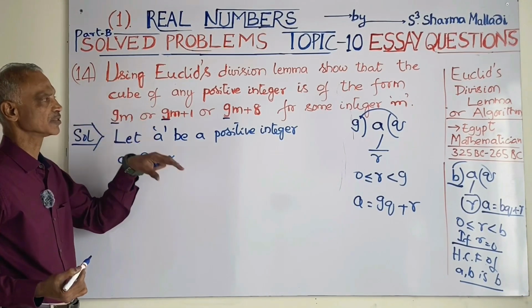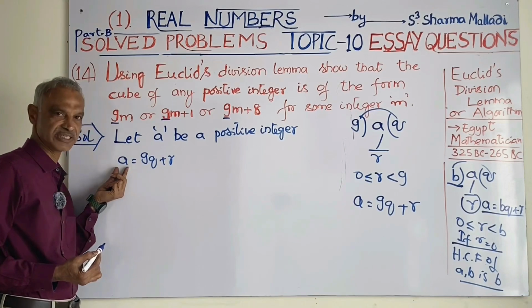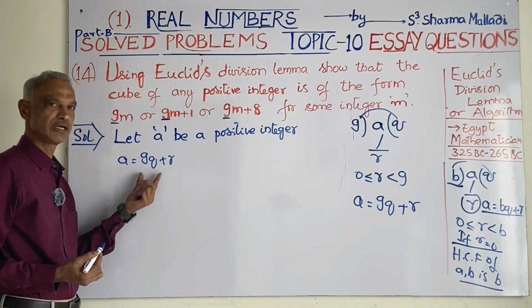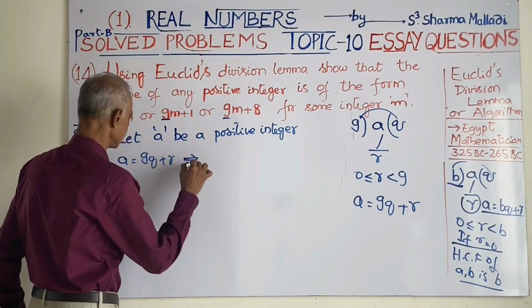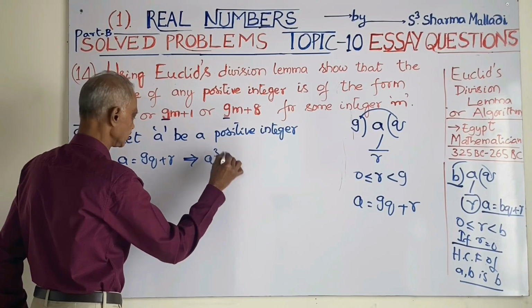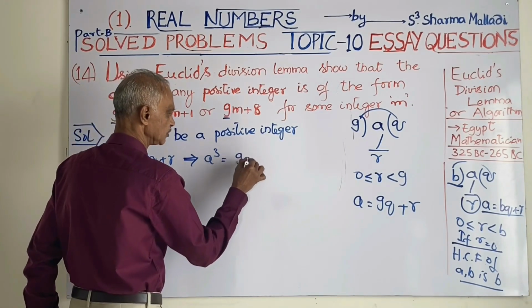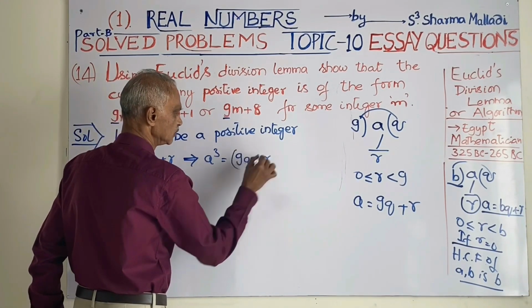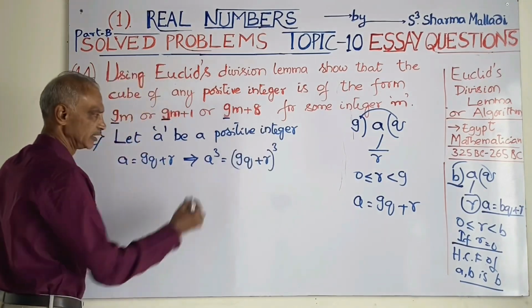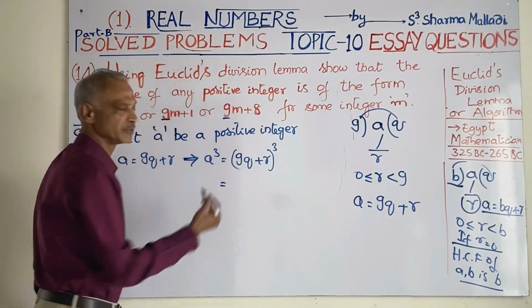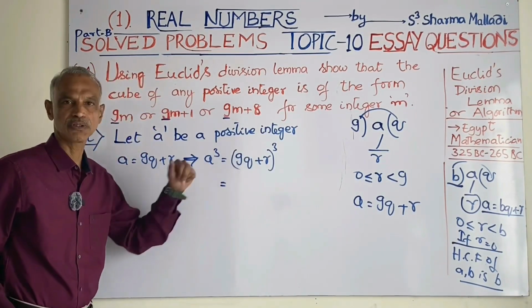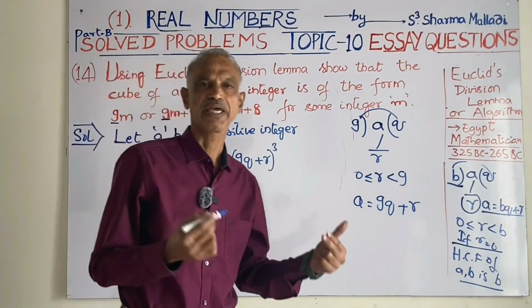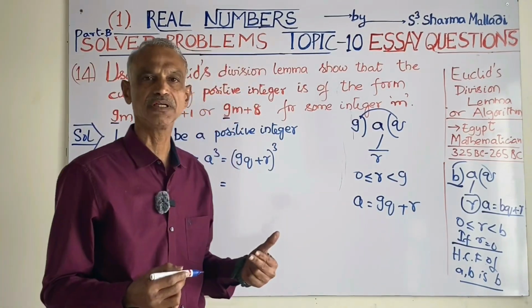Cube of any positive integer. I have taken a positive integer a. Cube means cubing both sides. This can be written as a cube is equal to (9q plus r) whole cube. Now, (a plus b) whole cube, what is it? a cube plus b cube plus 3ab into (a plus b).